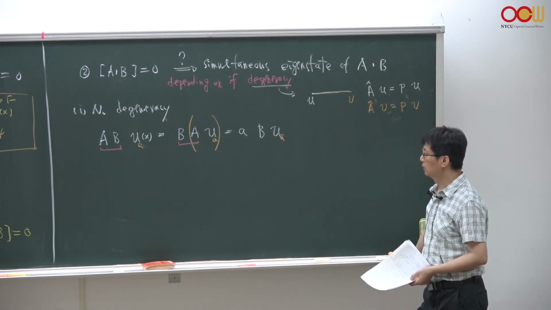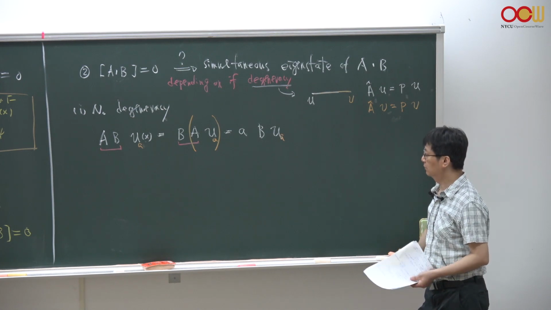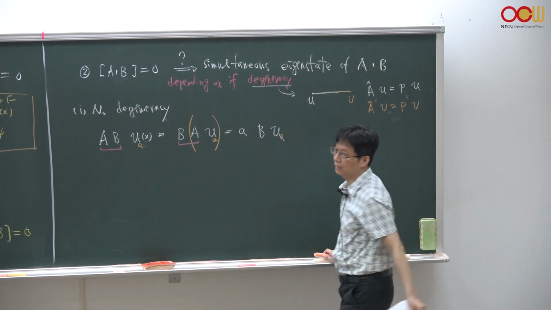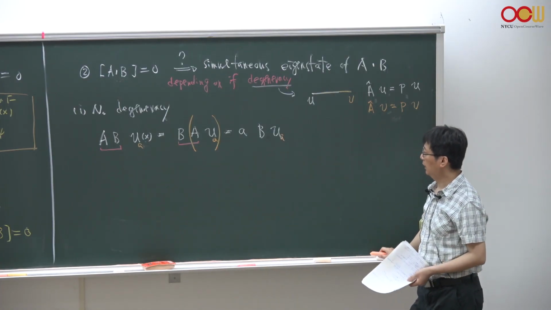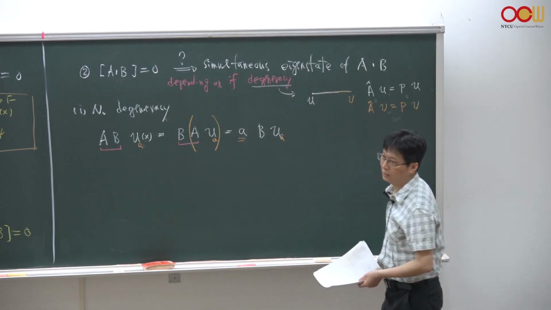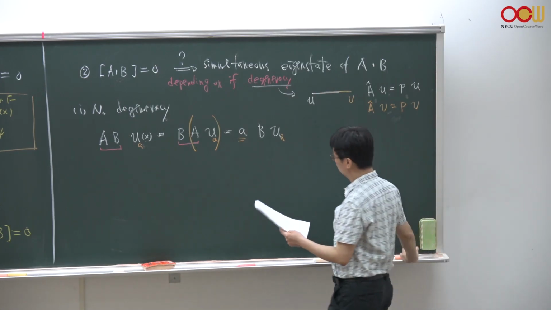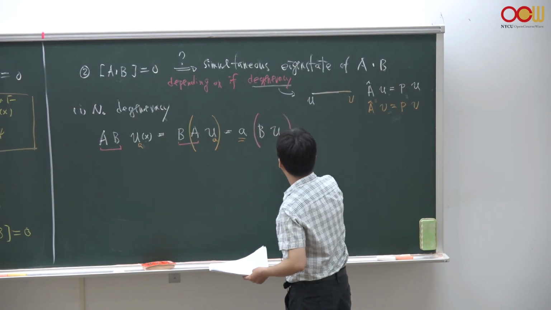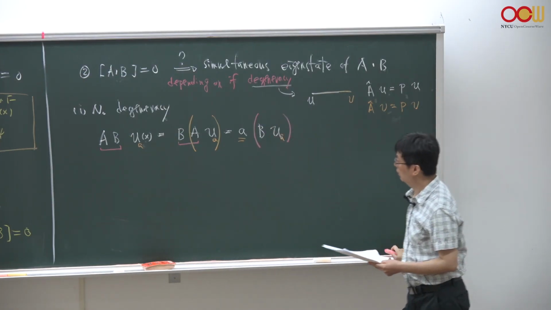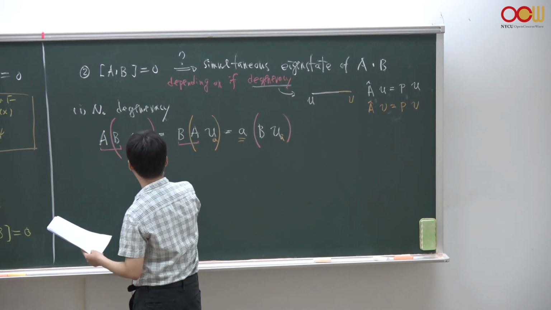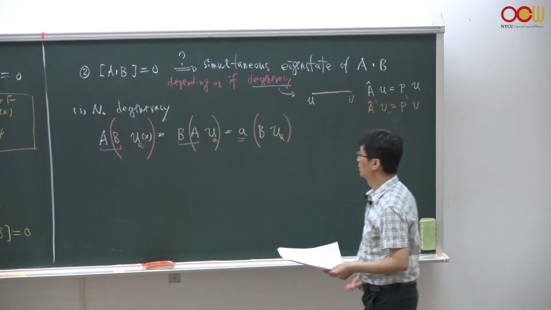Suppose U is UA, which is the eigenfunction of the A operator, and then I can simply apply this eigenvalue equation for A acting on UA, giving the eigenvalue little a, and then another operation which is yet to be done. However, let's just look at the different side of the same equation.